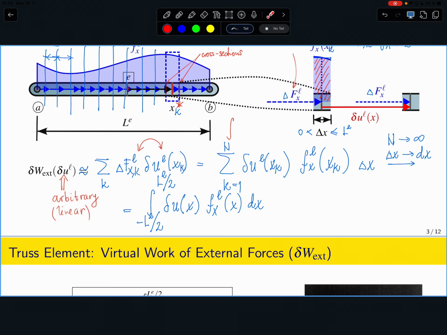So this is something which gives you this delta u in the local coordinate system, and you will just multiply it by these two quantities. Okay? So I really did my best to explain that this is how the virtual work done by external forces works, and I will also use this argument repeatedly in two-dimensional situations.